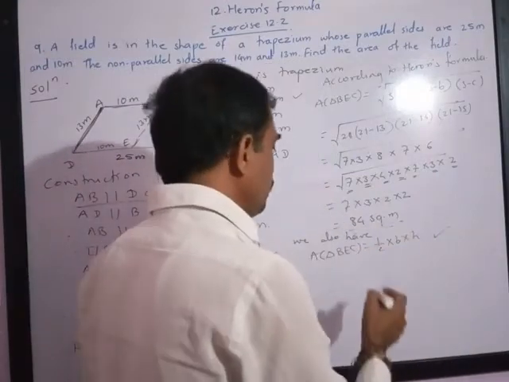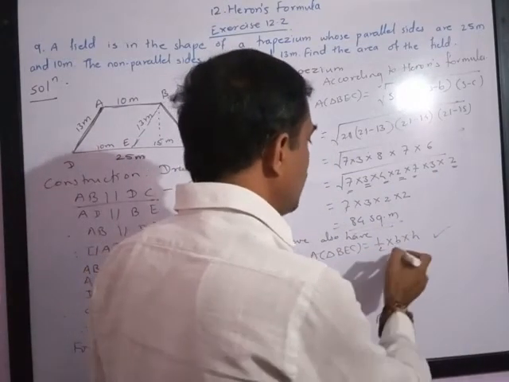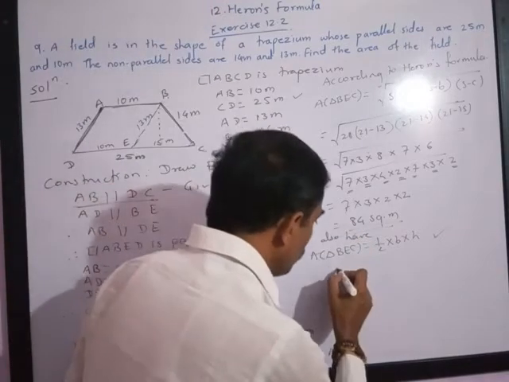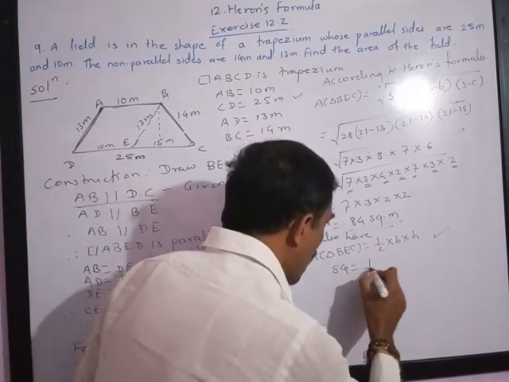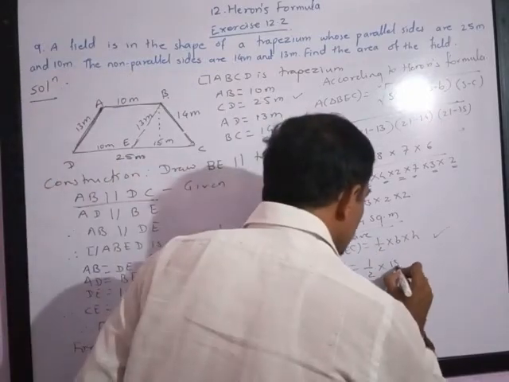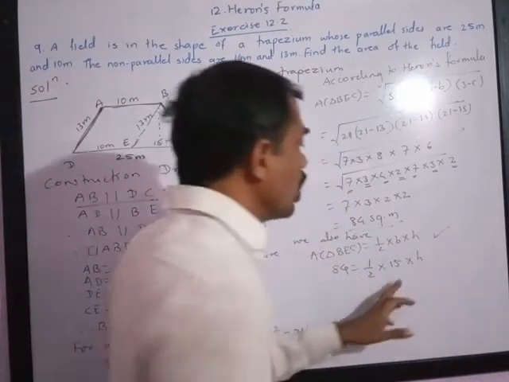So I will get area of triangle BEC is equal to half into base into height. It means 84 is equal to half multiplied by base of this triangle, which is 15, and height is not known to us.